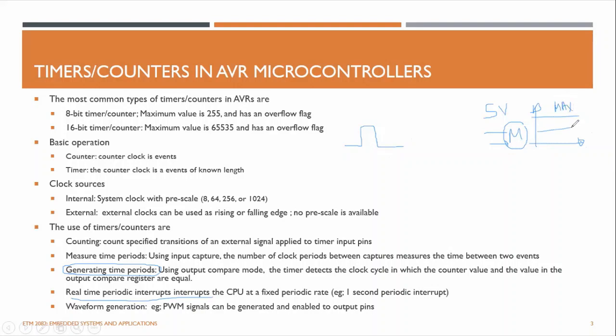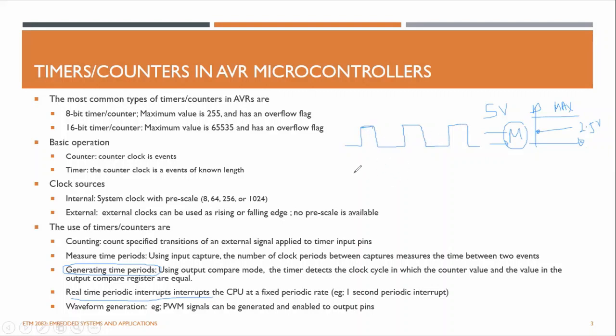And if you provide 2.5 volts, the motor will run at half the speed. But in a microcontroller, it is hard to generate this kind of voltage level. Either you have to use a digital to analog converter, or, without using that, you can generate a PWM signal to this motor.